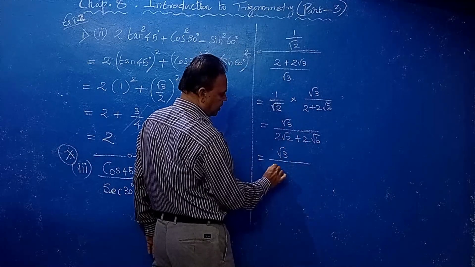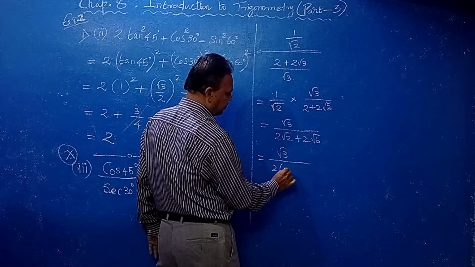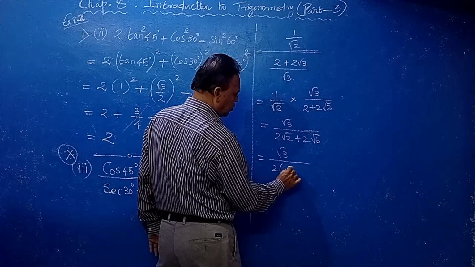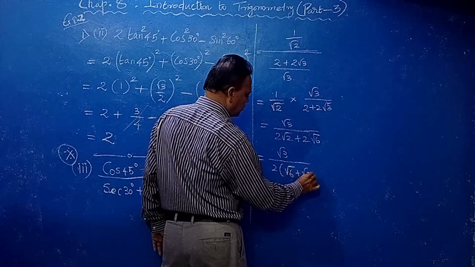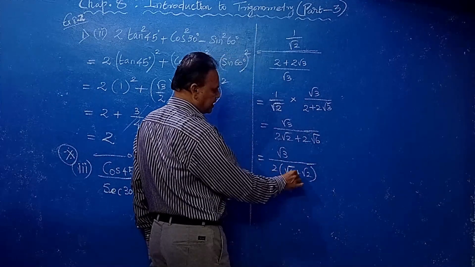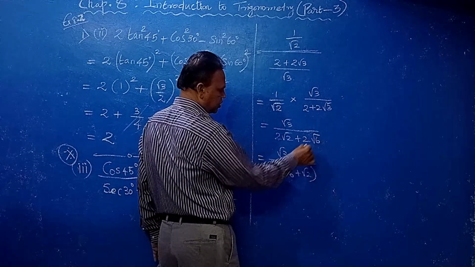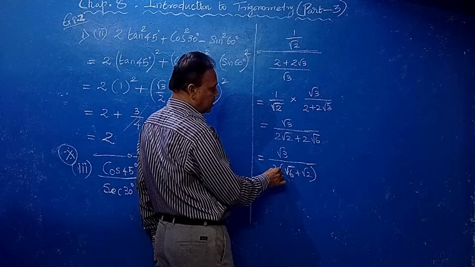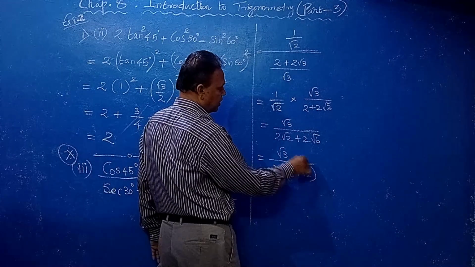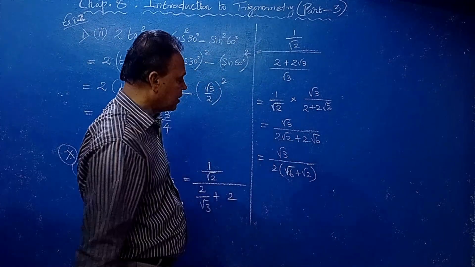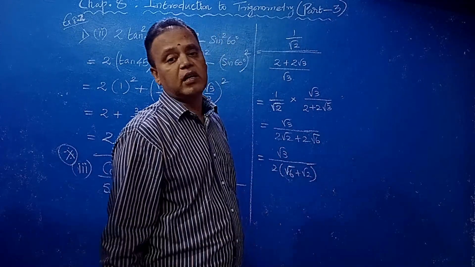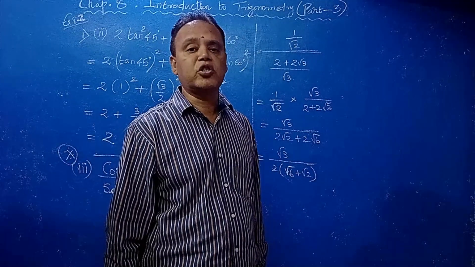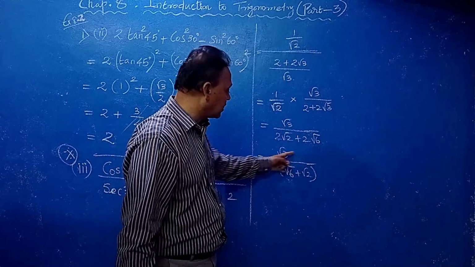Now take this 2 common, so we get root 6 plus root 2. If you have doubt, multiply: root 2 into root 6. For my convenience, I am taking root 6, the bigger number, first. Why? Because you have to take the conjugate, since the denominator is an irrational number.